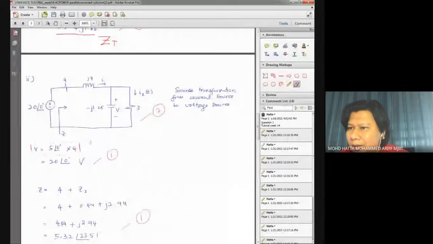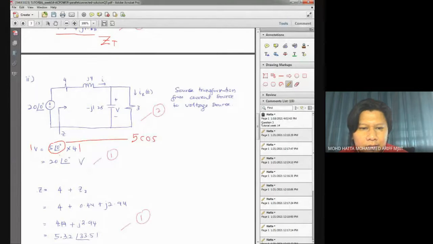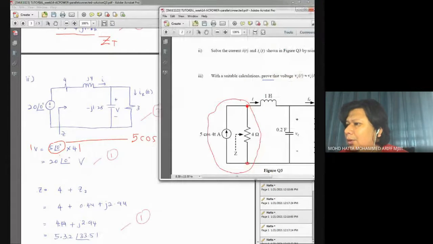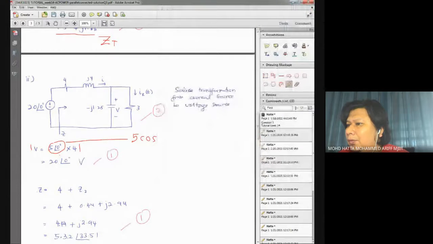If you look over here, this is based on 5 cos 4t ampere. Maybe you will ask, before this, Dr. Hatta said that we need to use RMS, but here why do we use peak?